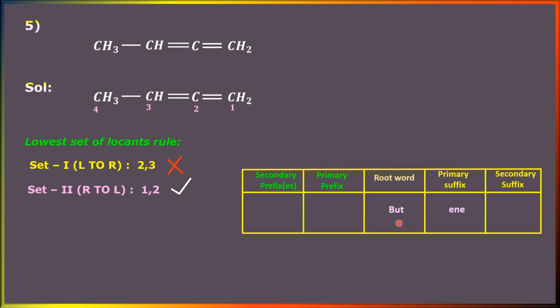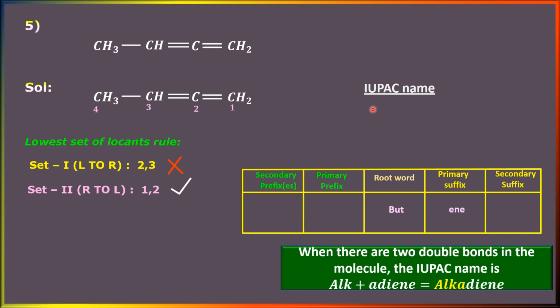So but-1,2-diene. Here I already told you, when there are two double bonds in the molecule, the IUPAC name is alka plus diene. That is, we have to add a to but: buta-1,2-diene.